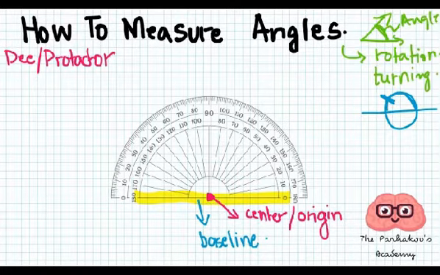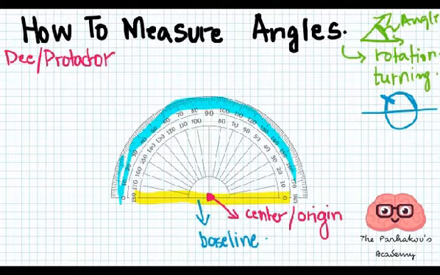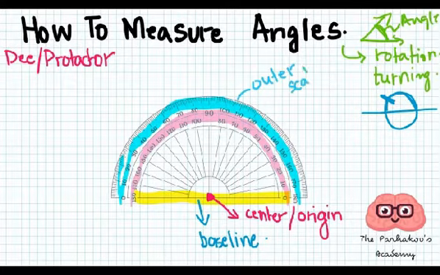Now if you have noticed, there are two scales. The first scale is this one, which is going above, this scale. The second scale is this one, which is inside basically. So this is the outer scale, and this is inner scale.